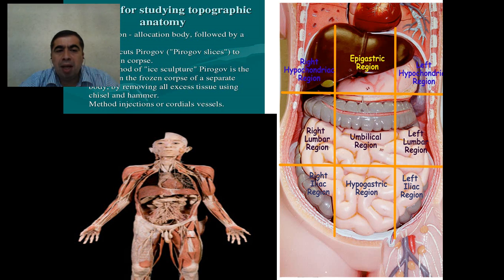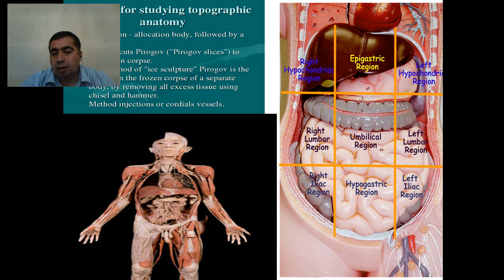And the method of injections can also be used, because several contrast materials have to be injected into the vascular system of the cadaver, of course after removing all other structures, after cleaning and washing all the blood system.